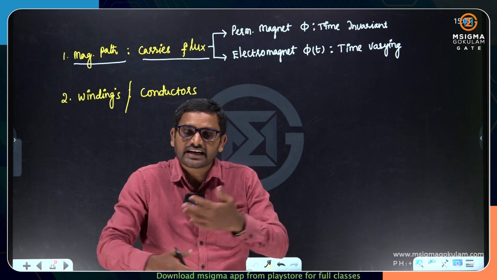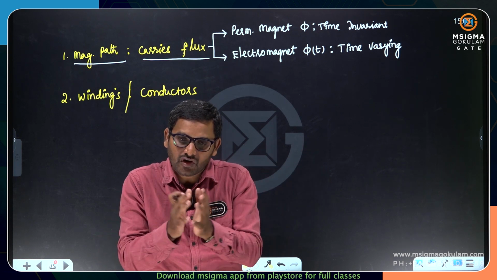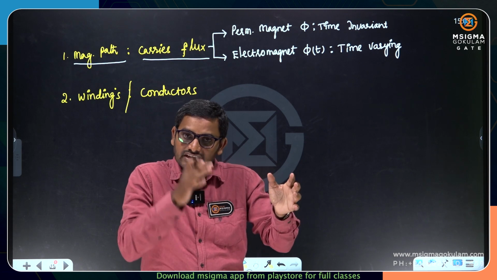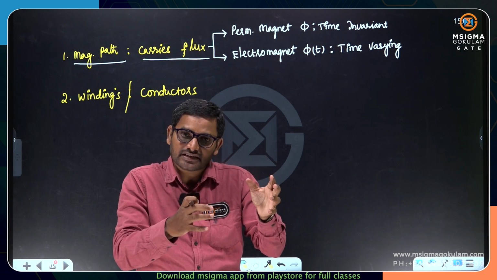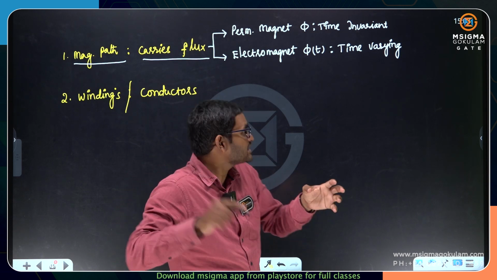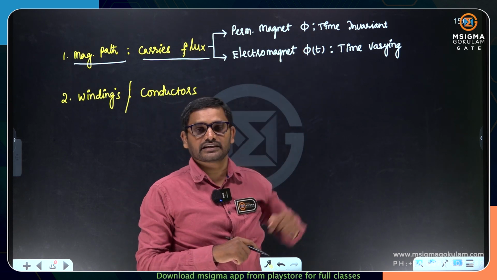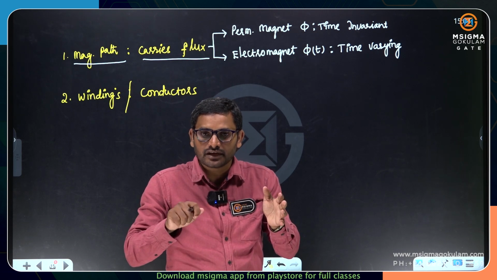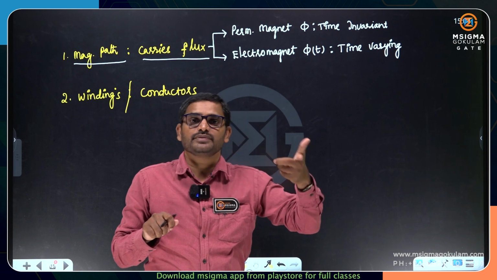If you want to generate the EMF, it depends upon the flux we are going to use. So if the EMF, or the mechanical energy, depends upon the flux, you cannot change the flux value if you use a permanent magnet. Therefore, the output also cannot be changed.